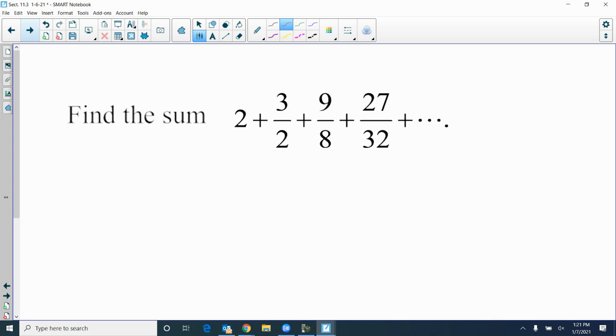Okay, the first thing you need to do is figure out whether it's geometric. And this one's not as easy to see. You can't just say, oh yeah, I'm multiplying by 2. No. So when you can't tell, what do you have to do? How do you test it?